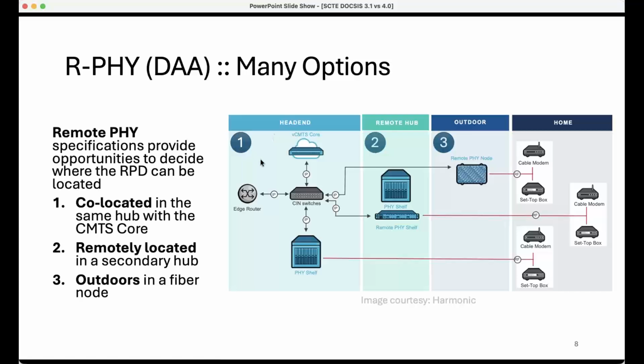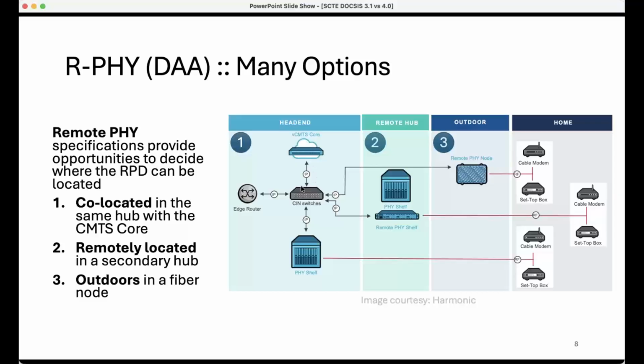All that means is we take the brains of the CMTS, and here that can be a virtual CMTS, which I'm going to show you in a little bit, or a legacy CMTS that has a DAA-enabled line card in it, meaning we took a legacy CMTS and put in a card that has a port that supports an SFP. These will live either in the head end or a hub site.